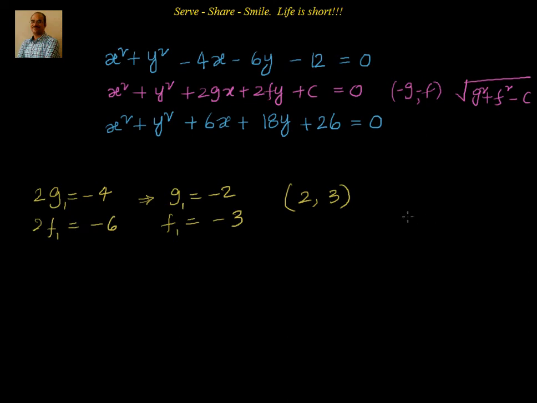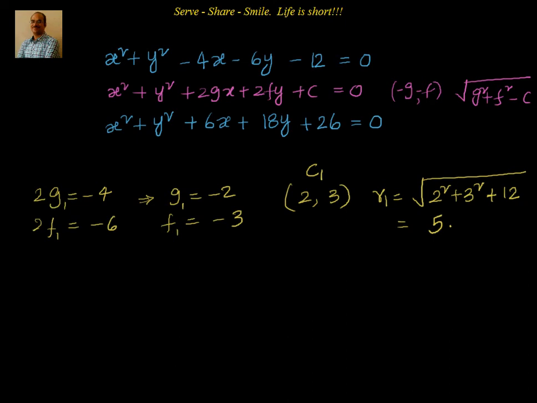The radius r1 equal to square root of 2 square plus 3 square minus c, that is minus of minus 12, which is 4 plus 9 is 13, 13 plus 12 equal to 25, square root of 25 is 5. So for circle C1, the coordinates are (2, 3) and the radius is 5.